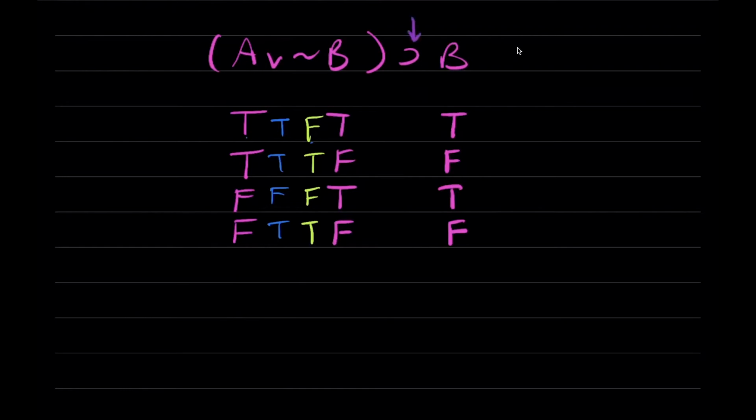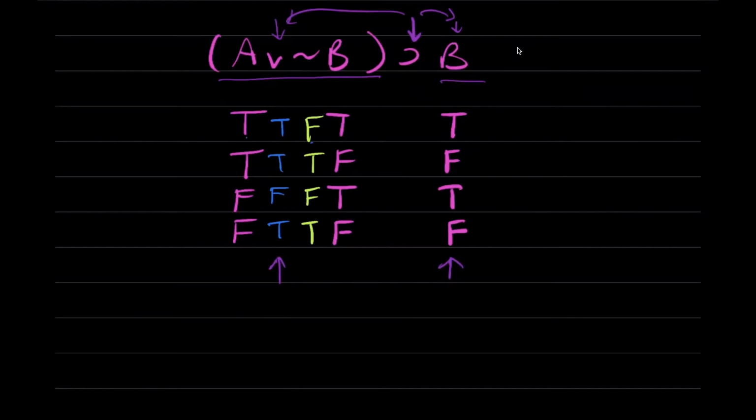So if this horseshoe is the main operator, that horseshoe connects this entire parenthetical expression on the left with B on the right. But inside those parentheses on the left, that wedge is the main operator inside the parentheses. And of course, the horseshoe is just connecting B. So the two columns we need to look at are right here. In other words, we need to look at this column and we need to look at this column to figure out the value for that horseshoe operator.